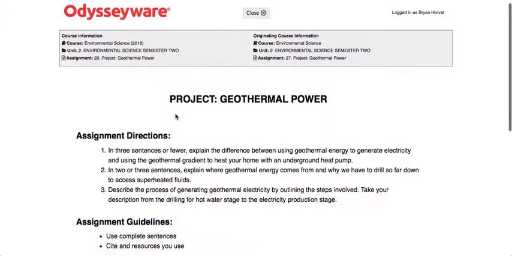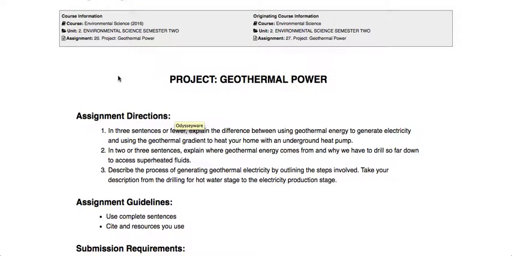So let's now talk a little bit about the actual project itself. The project is on geothermal power, and this is just a way for you to articulate what you've learned in the lesson. The first question says, in three or fewer sentences, explain the difference between using geothermal energy to generate electricity and using a geothermal gradient to heat your home.